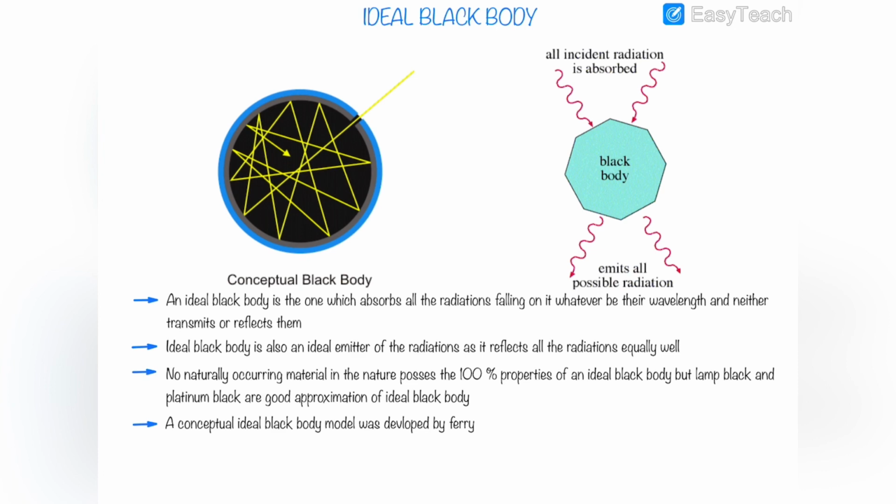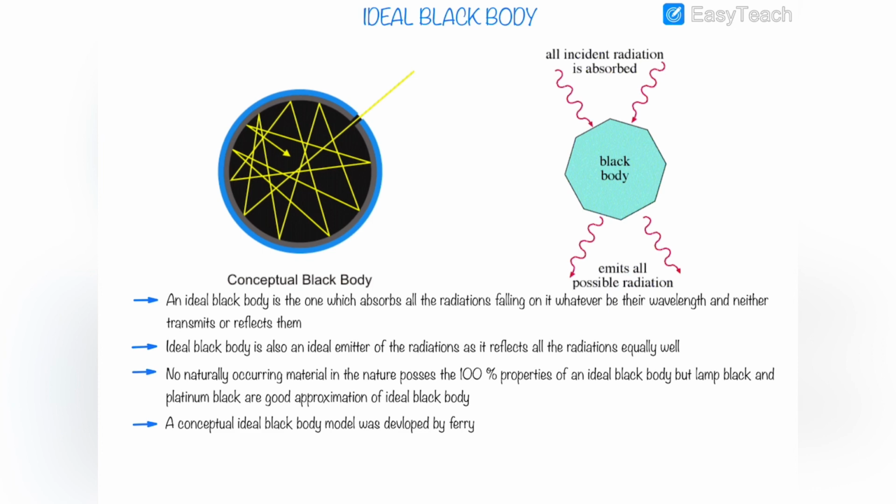And we will prove this fact that each body which is a good radiator of any radiations is also a good absorber of those radiations. Obviously, the radiation process and absorbing process occur at different temperatures.